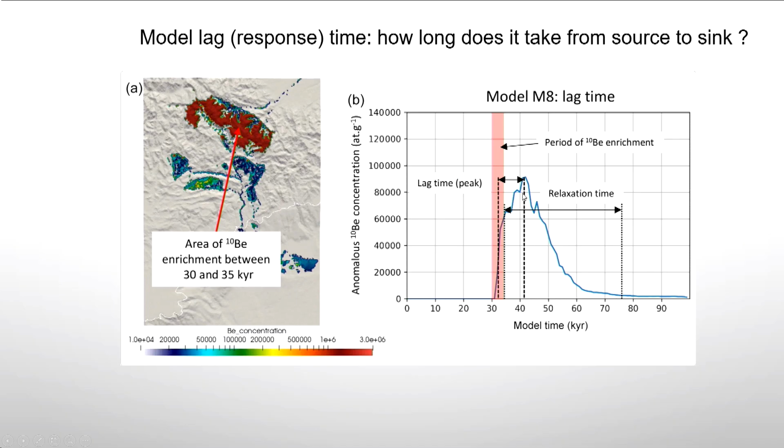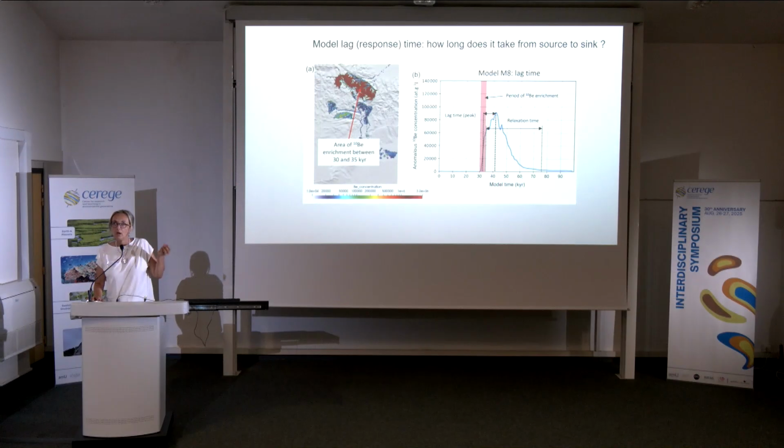So what it means is that, in fact, you can see pulses of beryllium-10 enrichment in the sediments, but the signal is spread over a longer time period than what occurs at the source. So it will be very complicated to disentangle what you see in the marine sediments because of this.